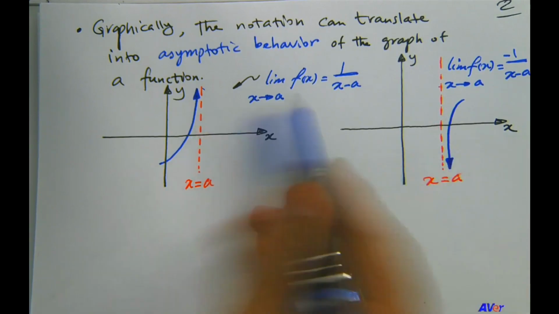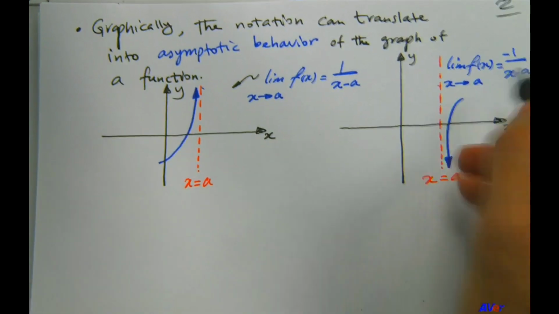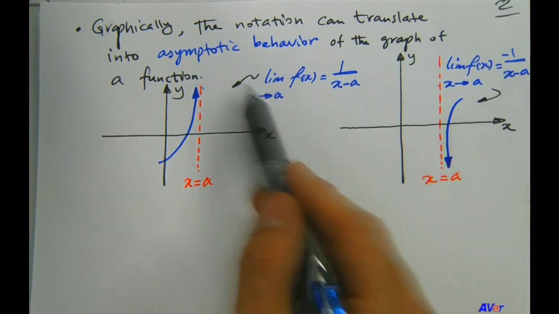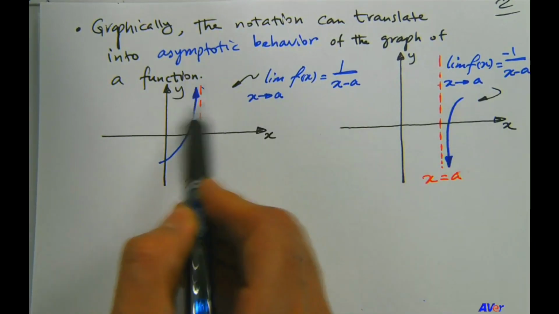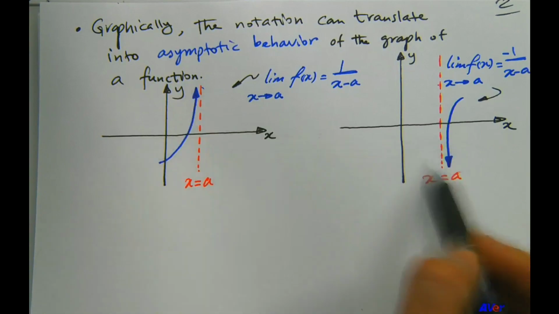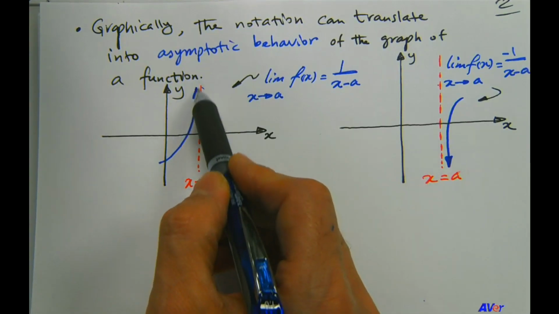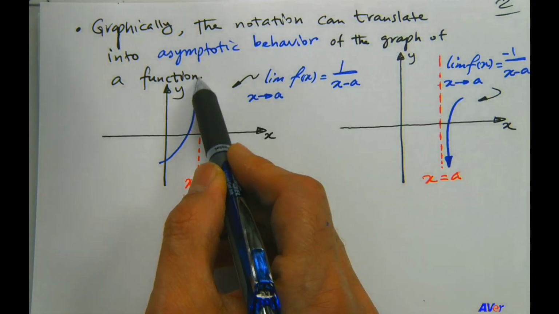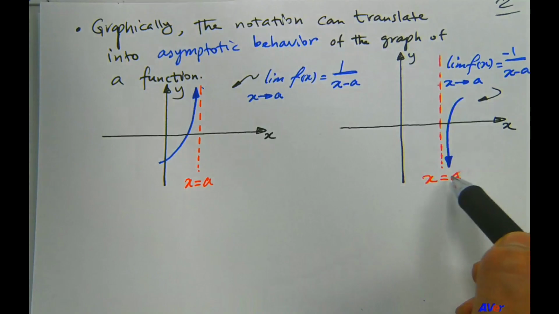Nonetheless, whether we have this kind or this kind, look at the behavior at this side, here and also here. Here, the value of the function gets increasingly and without bound approaching positive infinity, and here the values of the function approach negative infinity.